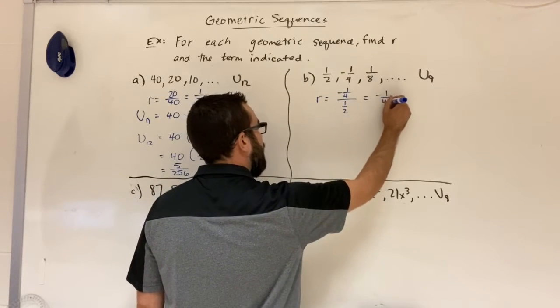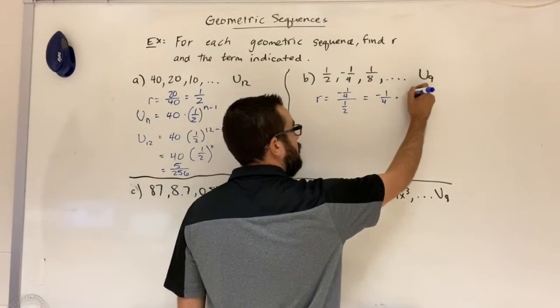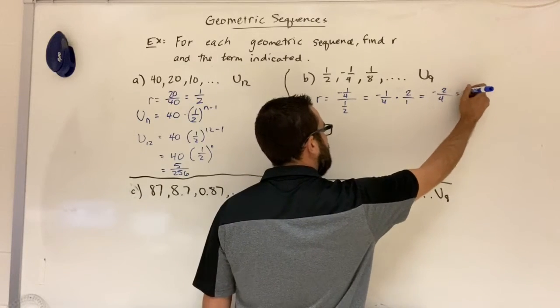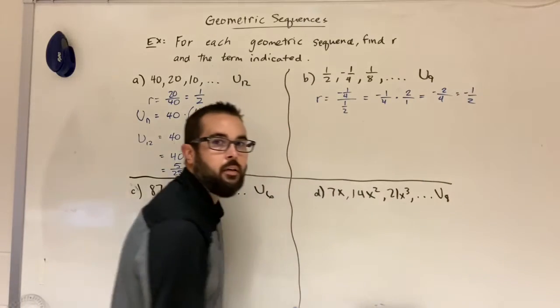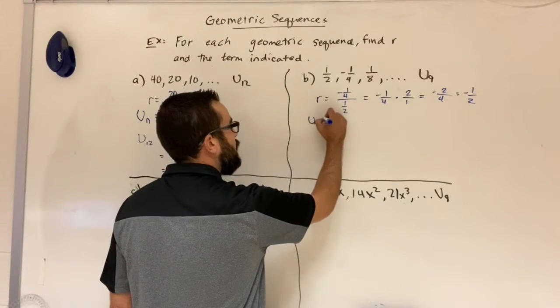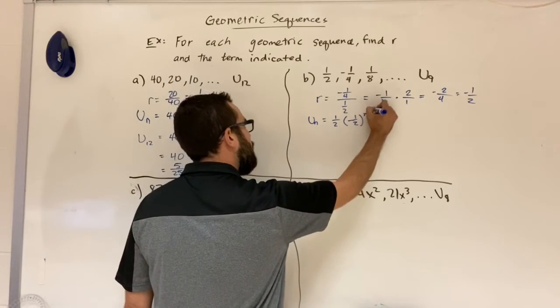When you're dividing fractions, you flip the divisor and multiply. So it's negative 2 over 4, which is negative 1/2. That means u sub n is going to be 1/2 times (negative 1/2) to the n minus 1.